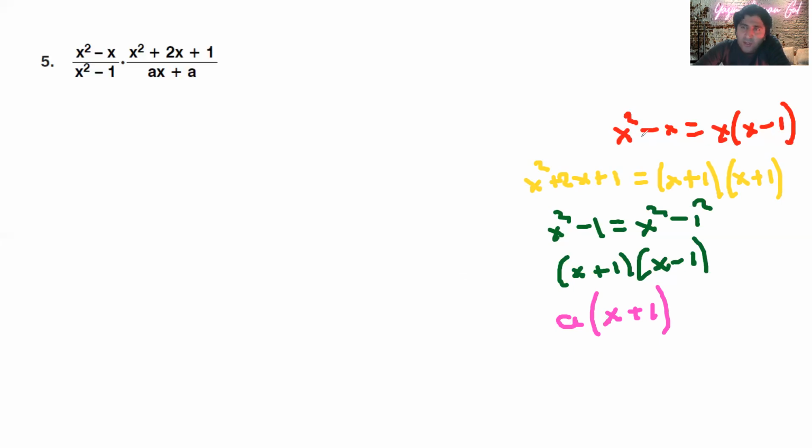Okay, now I'm going to take this information and put it in the question, then I'm going to rewrite this question. We don't need to flip anything because this is not division, this is multiplication.